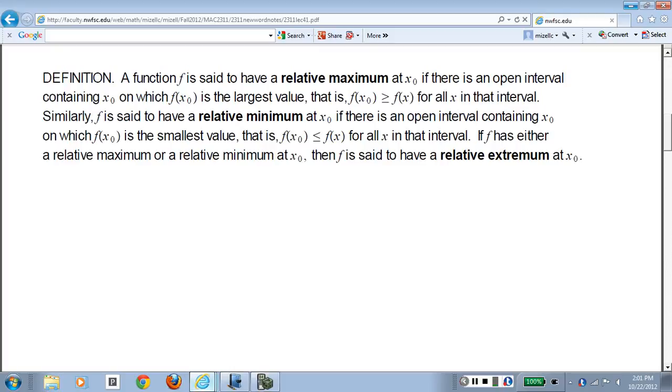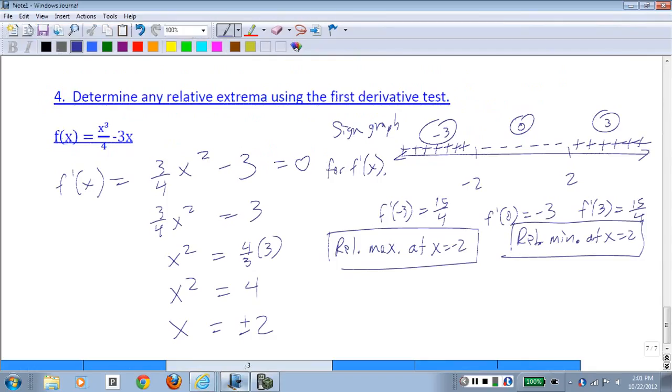We haven't been doing that in any of these examples, and so I'm not going to do it here or ask you to do it on the test, simply to say it has one there, and not to take the time to substitute the -2 for x in the original function, or the +2 for x in the original function. We do that when looking for an absolute maximum or an absolute minimum, not as crucial for a relative maximum or relative minimum.